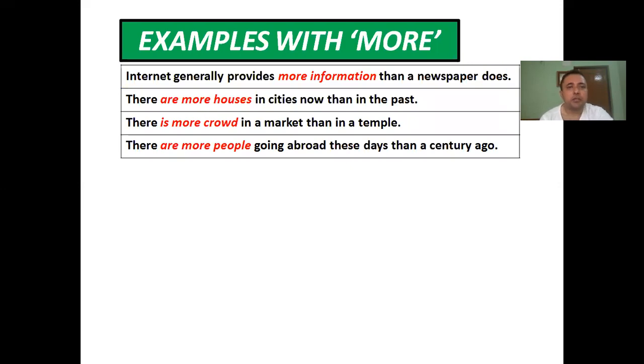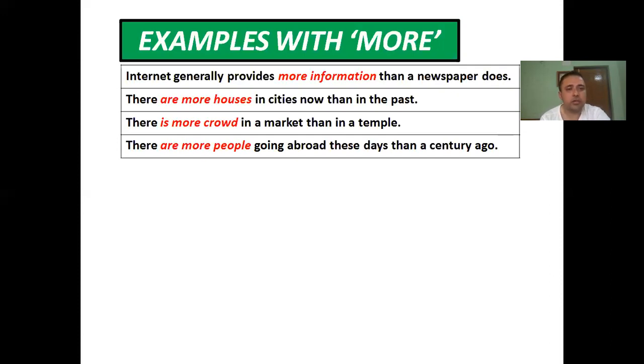Let's have a look at some more examples with more. Internet generally provides more information. So it doesn't become more informations, because information is singular and uncountable. More information than a newspaper does. But then in house, it becomes houses, and you need to take a plural verb. There are more houses in cities now than in the past.